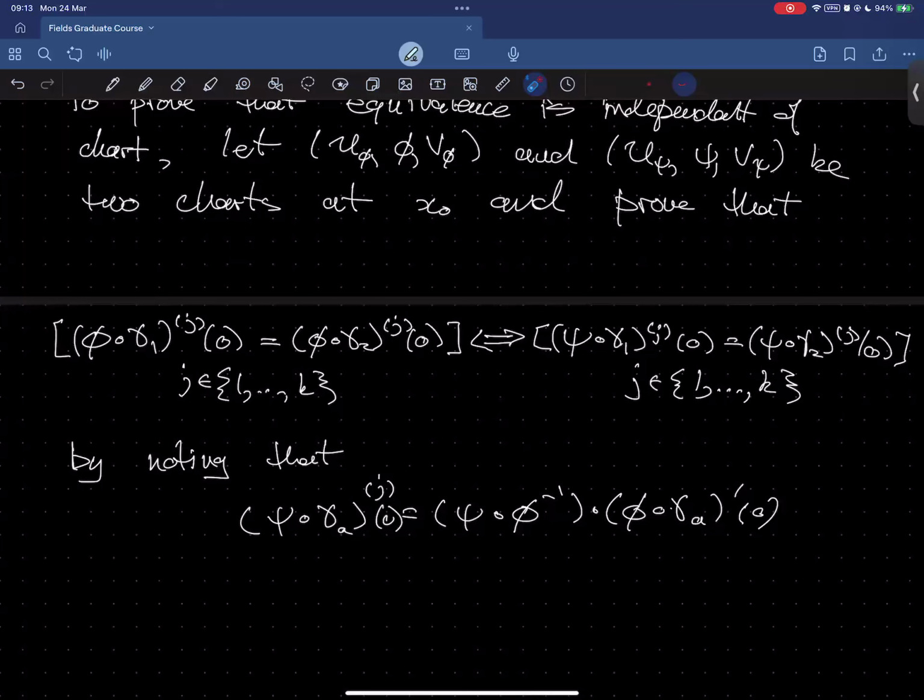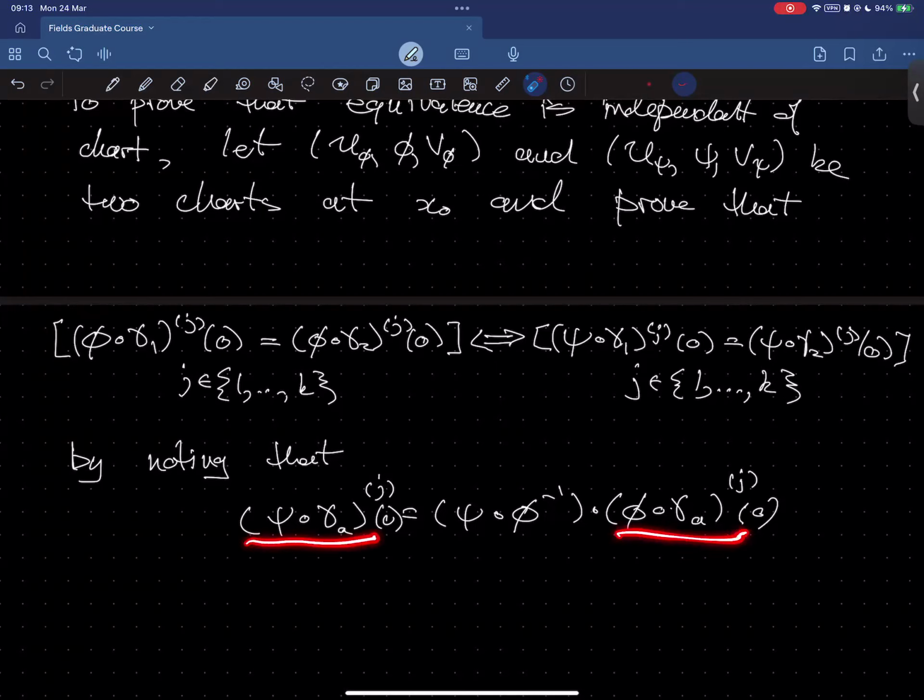And then what do you end up doing here? You end up using the chain rule. So when j is equal to 1, it's just the first order chain rule, and there's an explicit formula that relates the first derivative of this with the first derivative of this, and the relationship is an isomorphism, a linear homeomorphism between the two representations where this lives and where this lives.